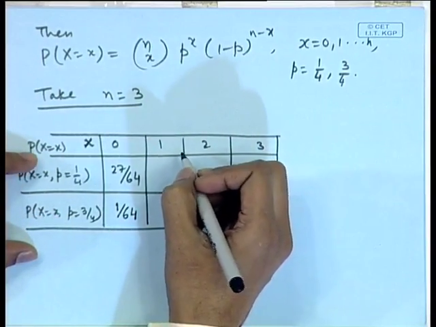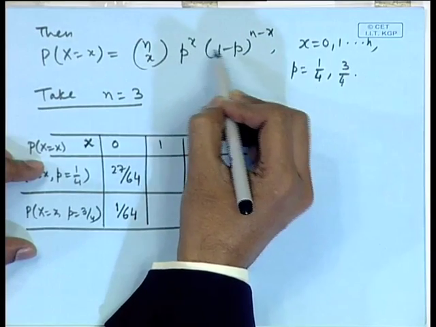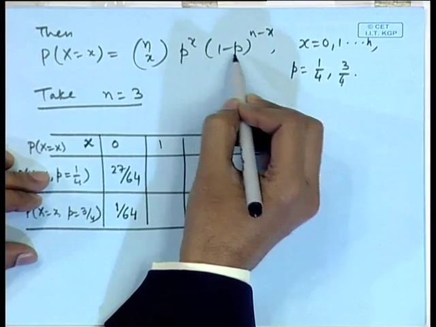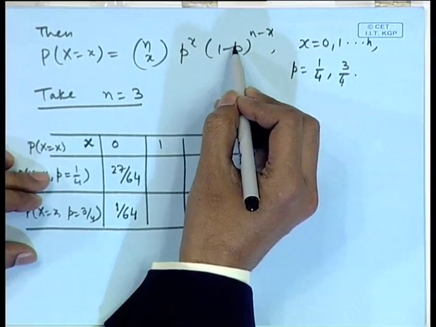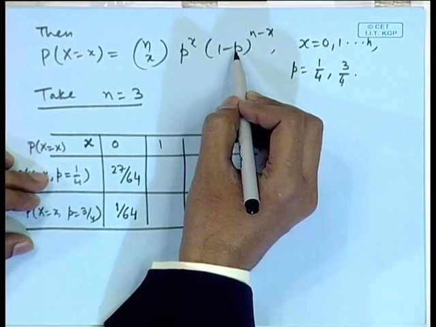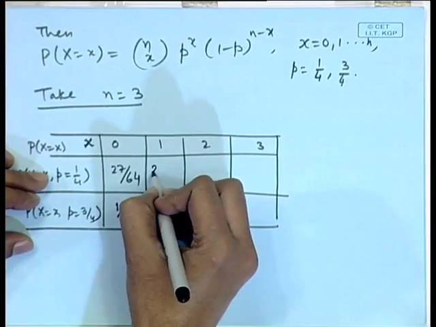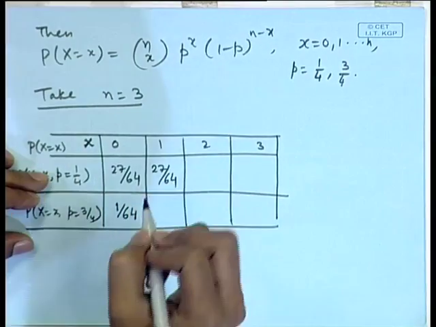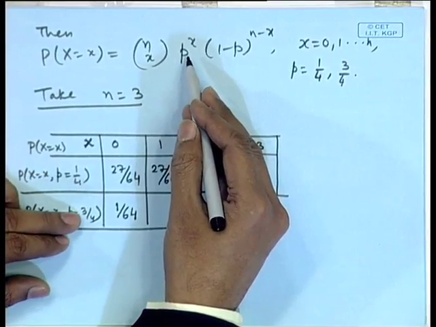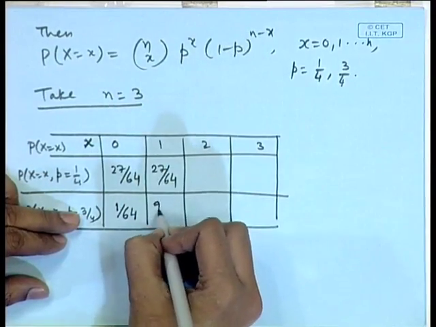What is the probability of X equal to 1? That is 3 c 1, that is 3p into (1 minus p) square. So, when p is equal to 1 by 4, this is 3 into 1 by 4 into (3 by 4) square, which becomes 27 by 64, whereas when p is equal to 3 by 4, it is 3 into 3 by 4 into (1 by 4) square, so this becomes 9 by 64.